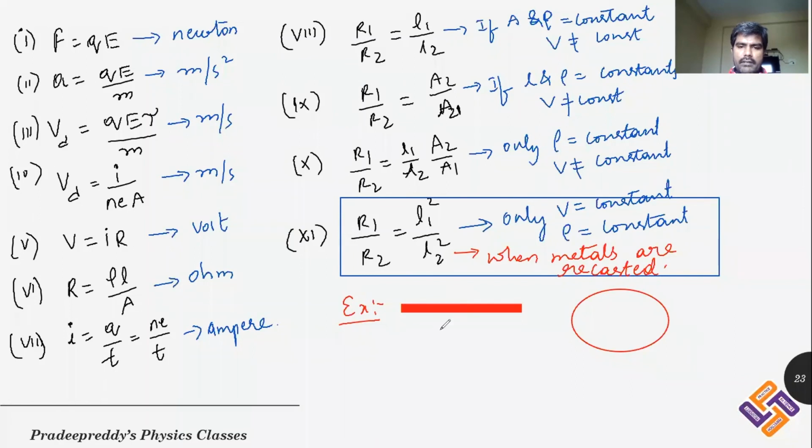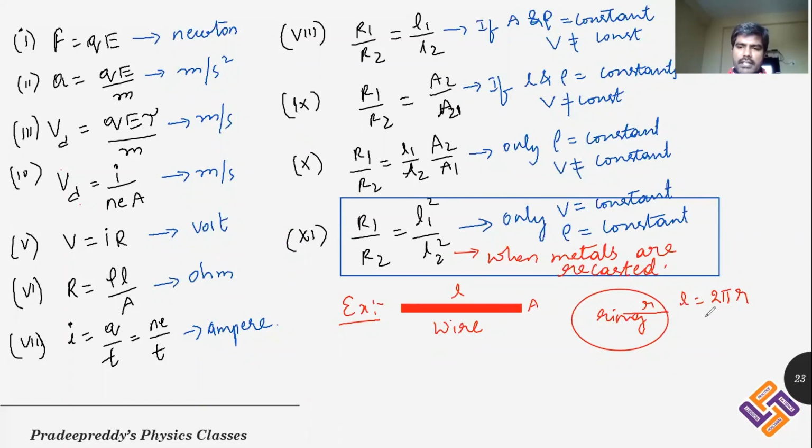This is a wire of length L and area of cross section. What is being done now? This wire is being recasted to a ring, and this ring has length L equal to 2 pi r, where r is the radius of this circle. Length is being changed.